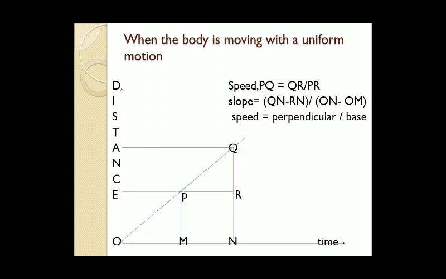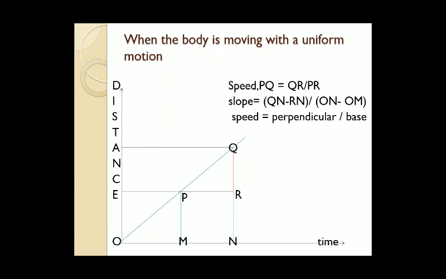From point P, I draw two lines, one horizontal and one vertical. PM, the vertical, parallel to distance, PR, parallel to the time axis. From Q again, I have drawn two lines, one parallel to the y-axis and one parallel to the x-axis, QN and QR.